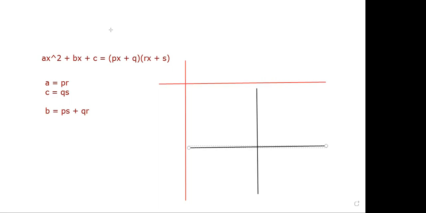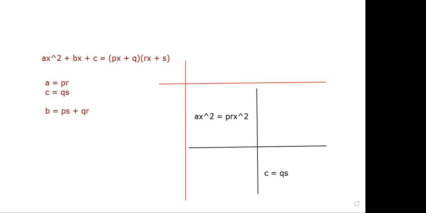What we get in each zone: here we will have ax square, which is nothing but PR x squared, and this place will have C, which is nothing but QS. So this part is pretty clear.